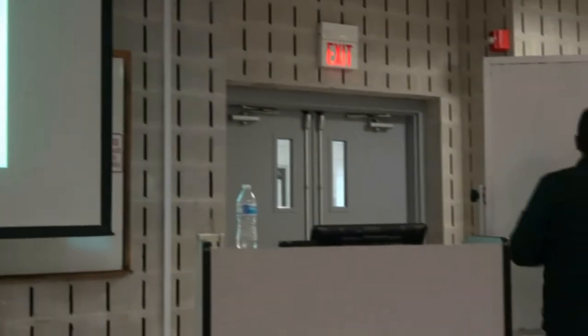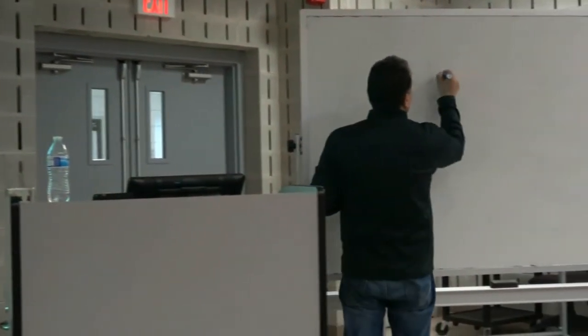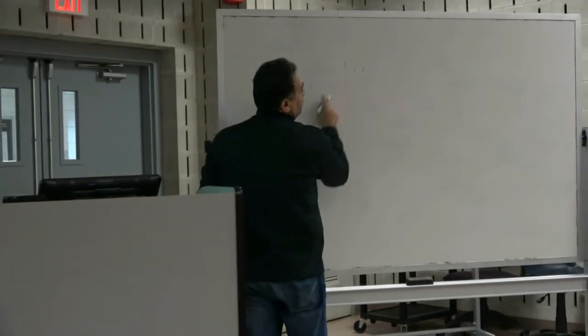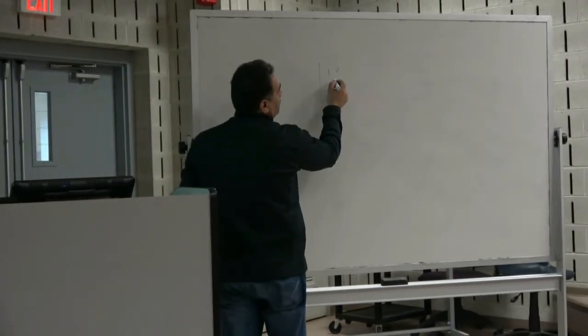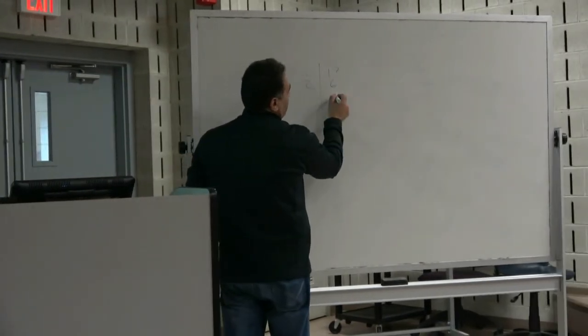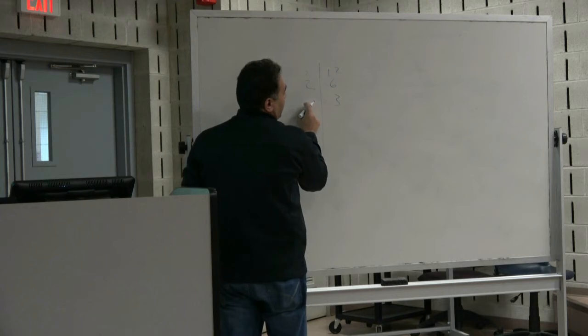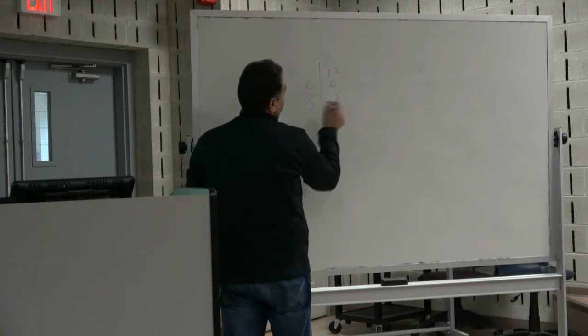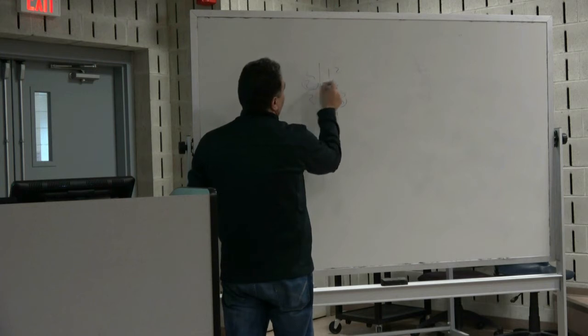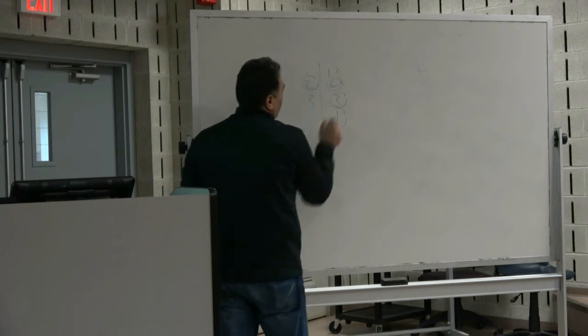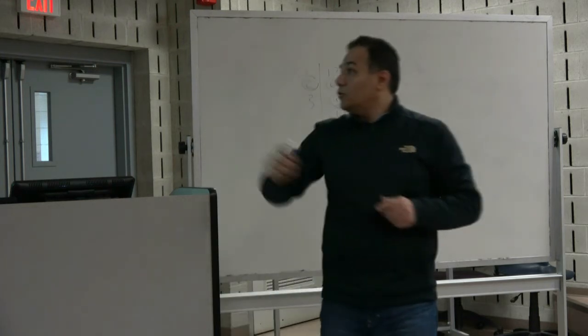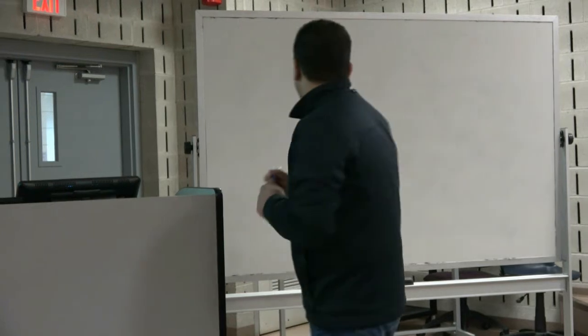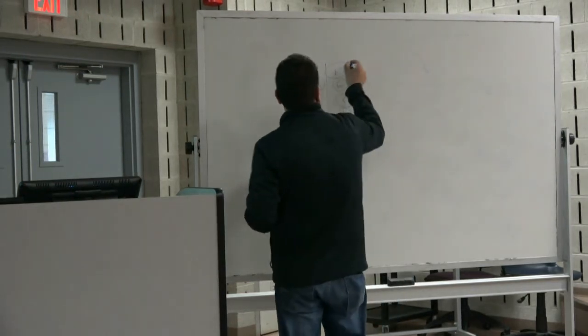For example, 12 divided by 2 gives you 6. Divided by 2 gives you 3. Divided by 3 gives you 1. So what are the divisors? 3, 2, 6, and 1. And itself, of course, divides itself by itself.